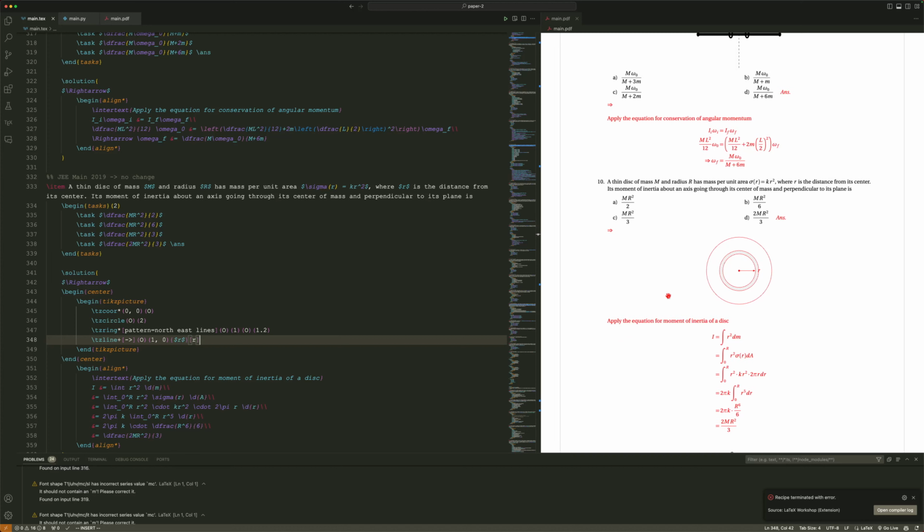So yeah, as you can see, I think midway below, so r will be in the middle. Yes, at distance r we have a thin ring which has the, actually we can use pattern lines. Yeah, pattern color, I don't remember the exact command for the pattern.